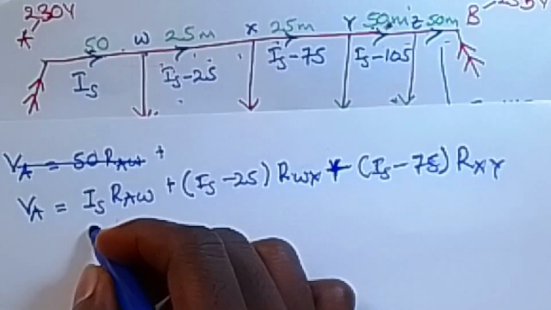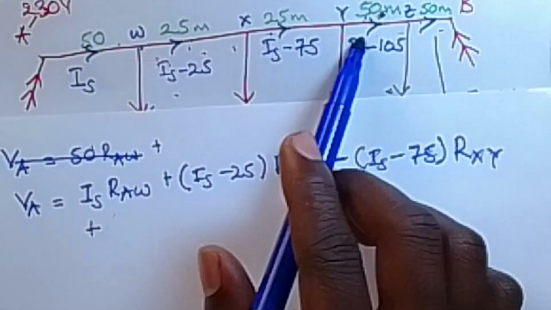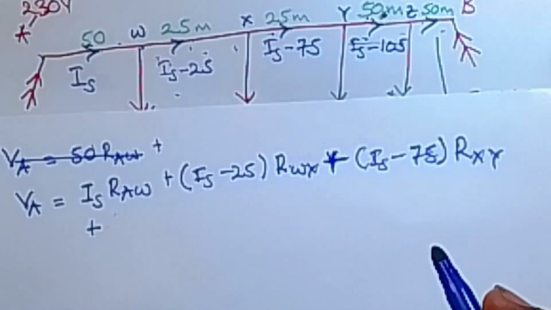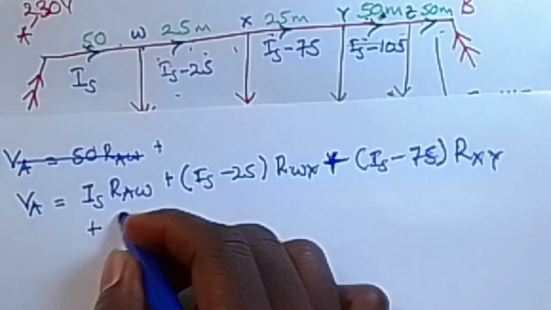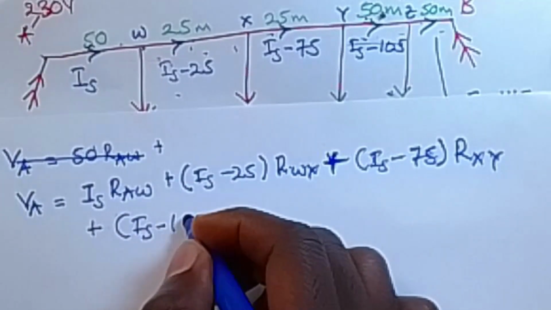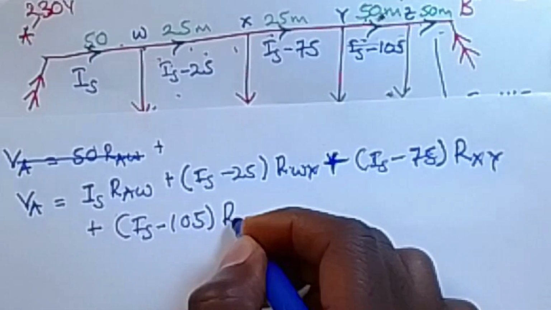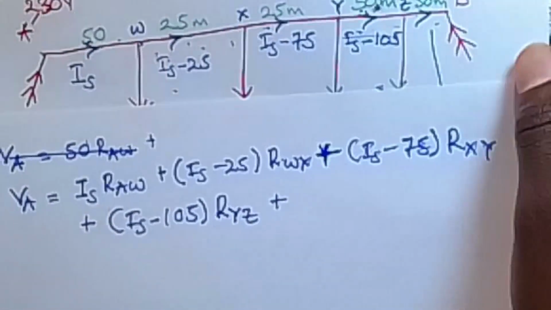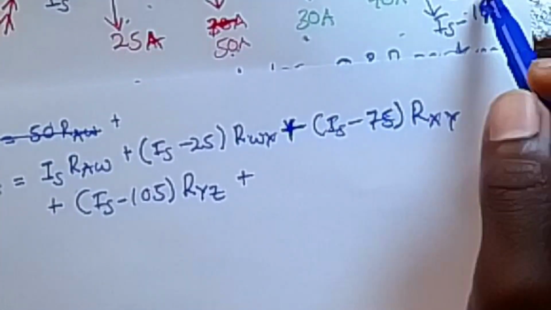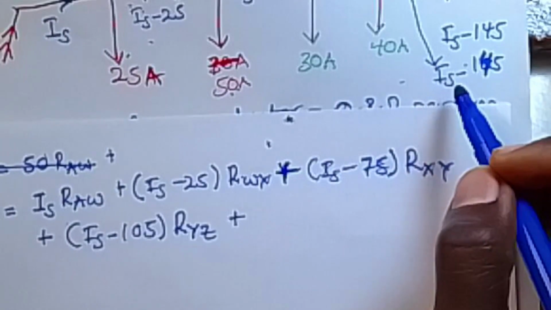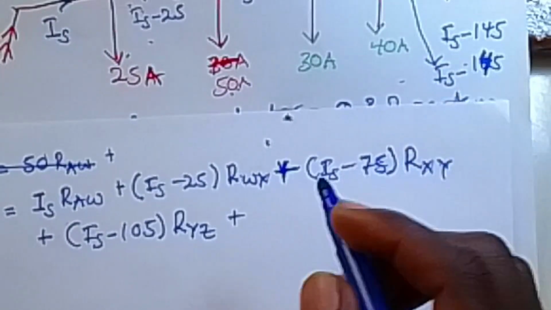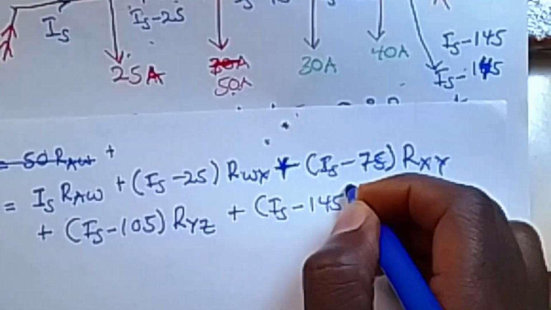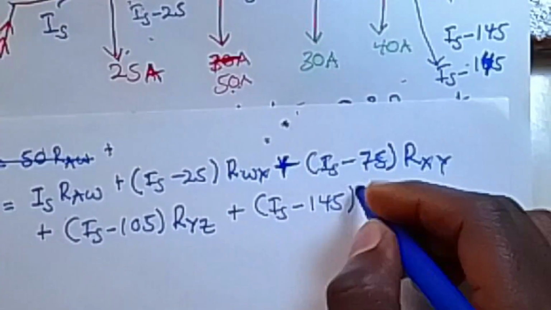Then similarly, it will be plus the next section, which is IS minus 105 times the resistance across that section, which is RYZ, plus also the last section, where the current flowing there is IS minus 145, times the value of resistance across that section, which is RZB.